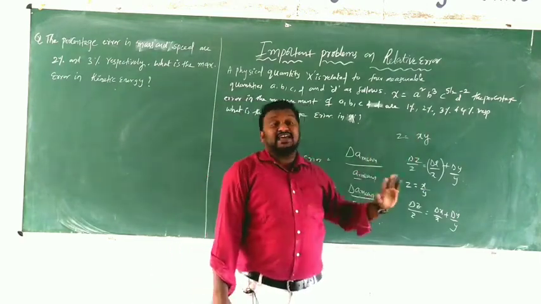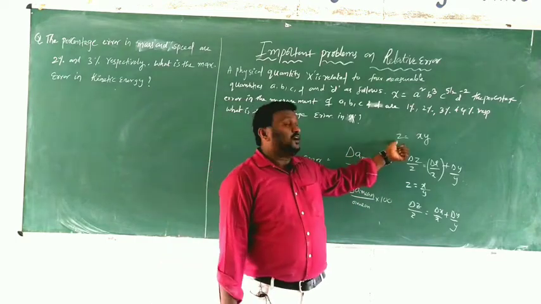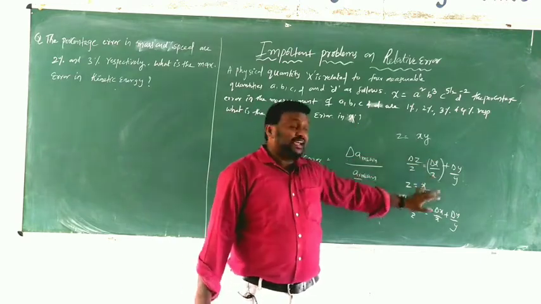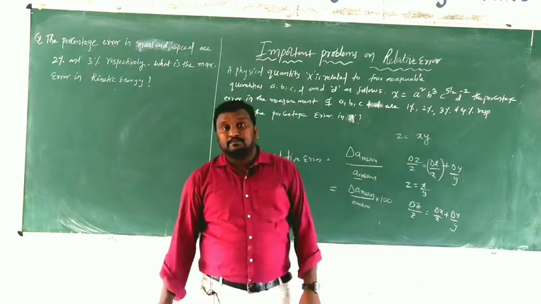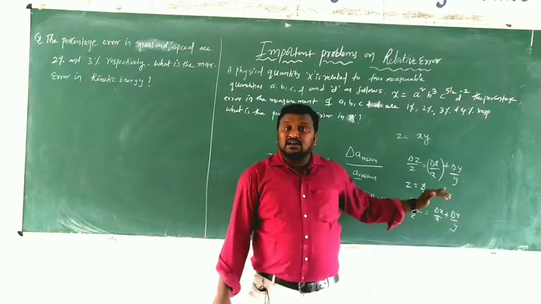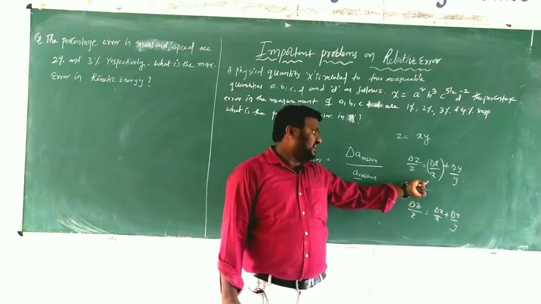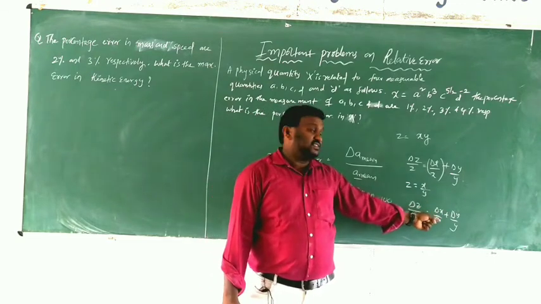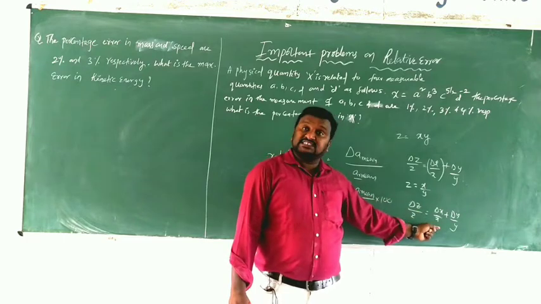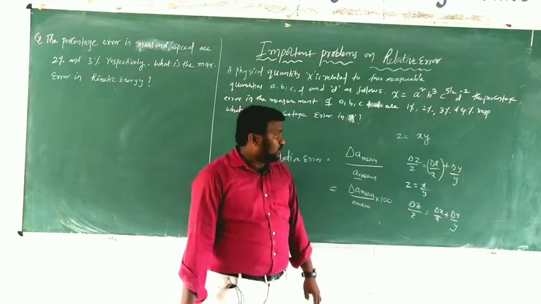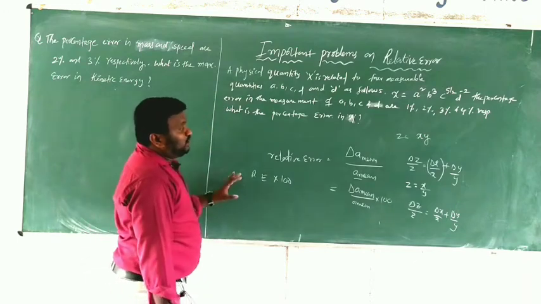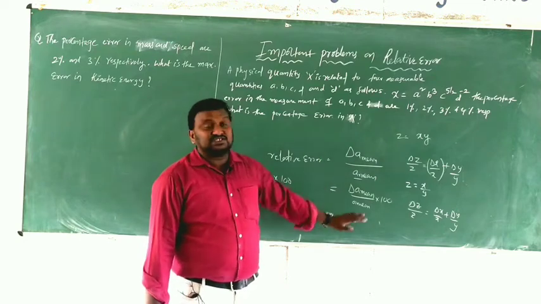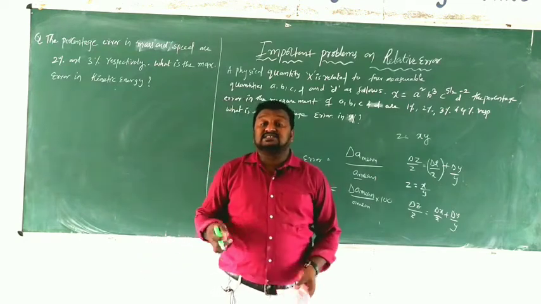Here z equals xy is multiplication, so the relative error of z is the sum of the relative error of x plus the relative error of y. For division, z equals x by y, the relative error of the result is again the sum of the relative errors, delta x by x plus delta y by y. So in these problems we are going to use these three formulas, and with these three relations we are going to do the calculations in this video.